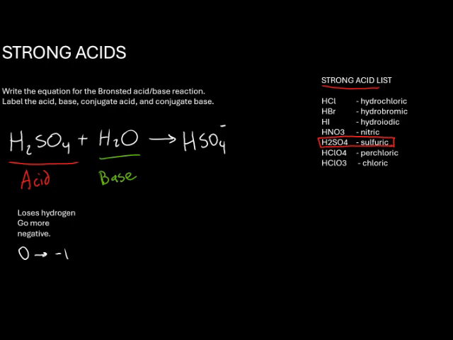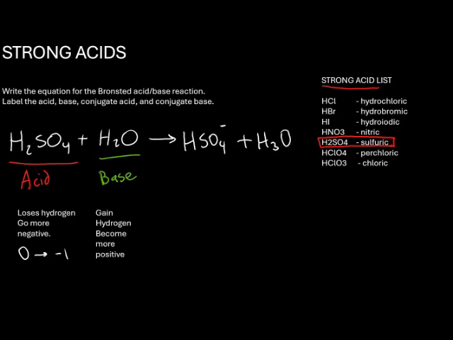If we look at the base, the opposite will happen to that. Water is going to act as our base, and so we can expect it to gain a hydrogen rather than lose it and become more positive. That base has 2 hydrogens on the left side, so if it acts as a base, you add an additional hydrogen for a total of 3.